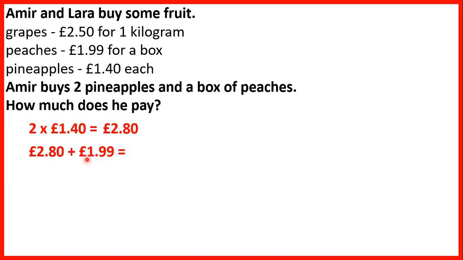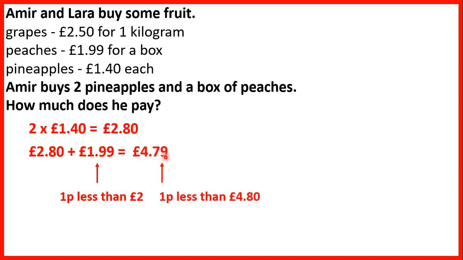When we're adding a value with 99 pence, what's easier is to use adjusting. So £1.99 is just 1p less than £2. So if we had £2.80 plus £2, that would be £4.80, and 1 pence less than that is £4.79.